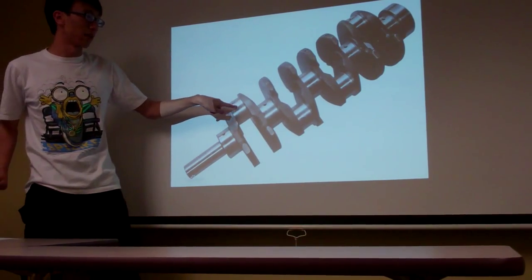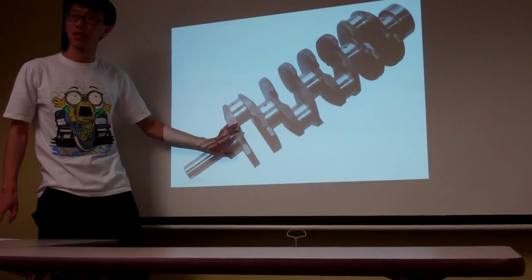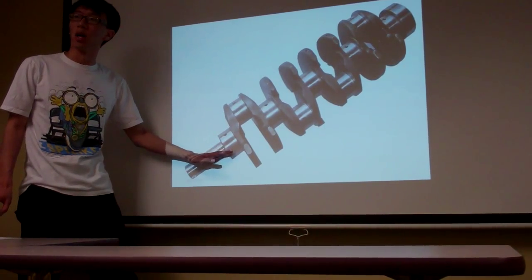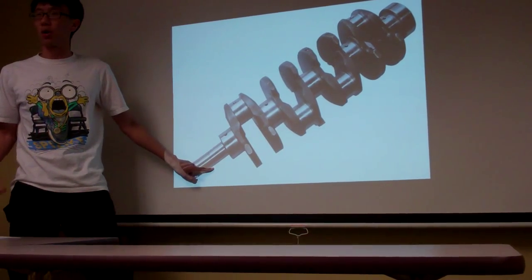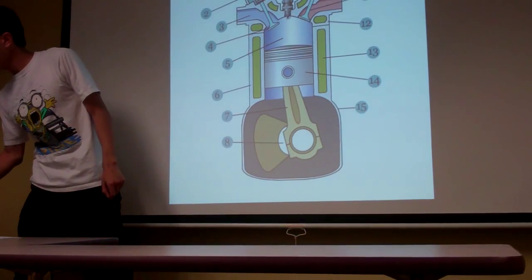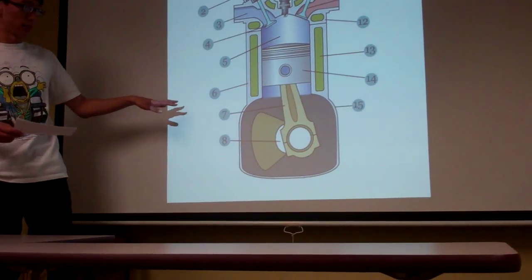For me, this is the most important part of an engine because all the power is transmitted by this part. So all power is output by this part. I think this process is easy.